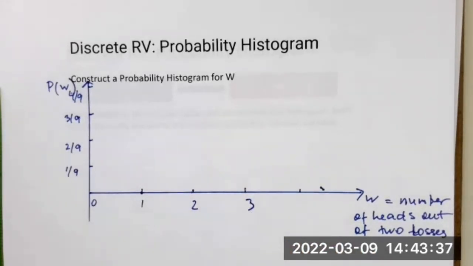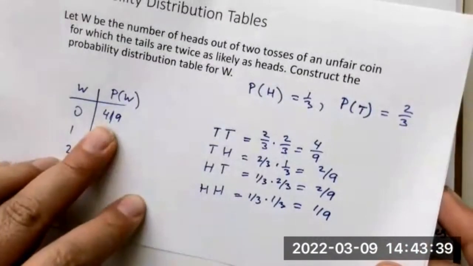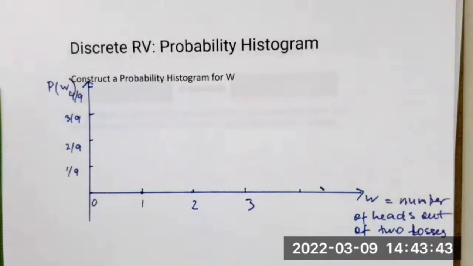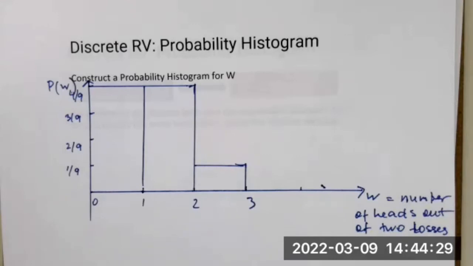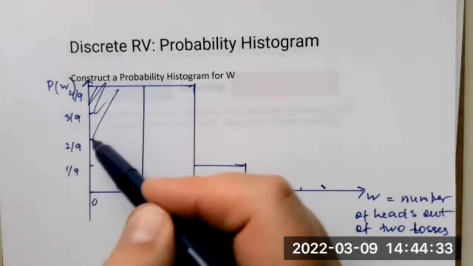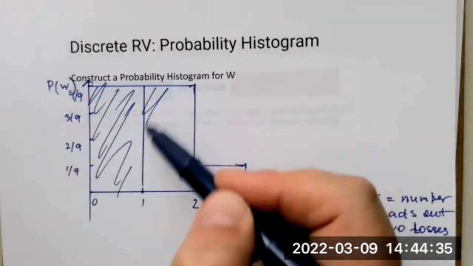All right, so the first probability is 4/9, the second is 4/9, and we also have 1/9. So here we go. This is what our histogram is going to look like.